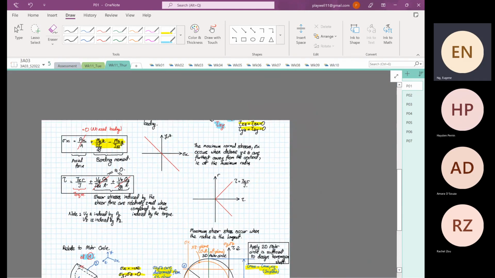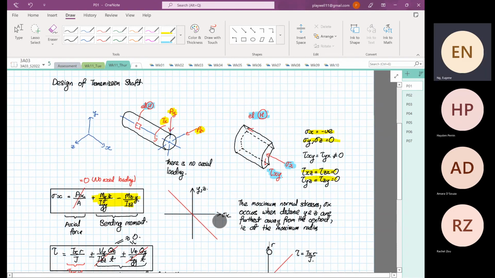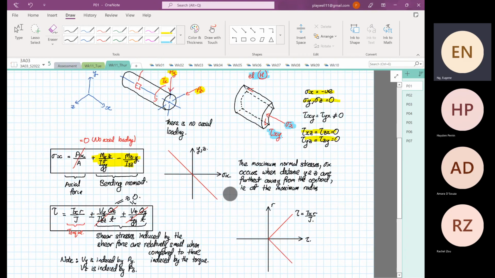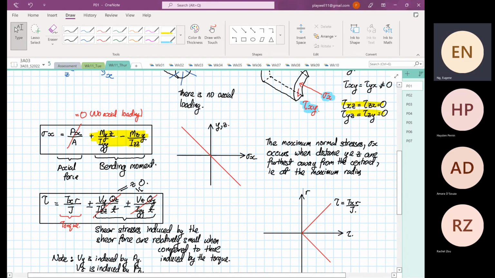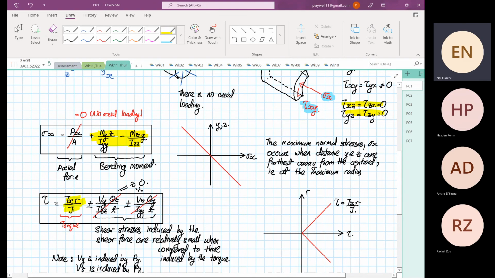What we have just done is look at the formula that we need to apply to design a transmission shaft. For normal stress in the X direction, you need to focus on the bending moment. For the shearing stress, you need to focus on the torque. A very good result is that the maximum normal stress occurs at the furthest distance from the center, at the radius.